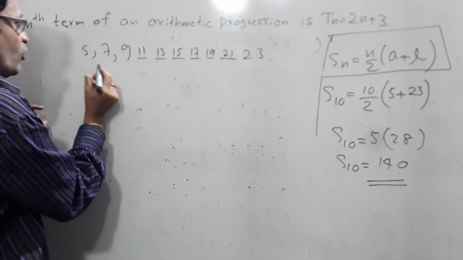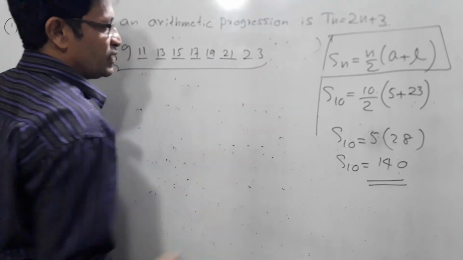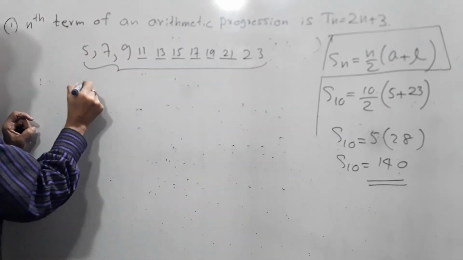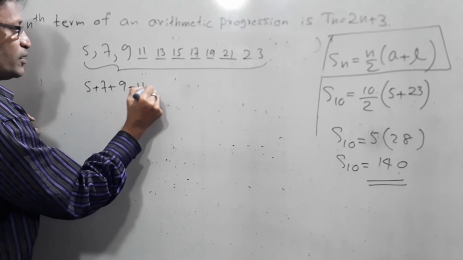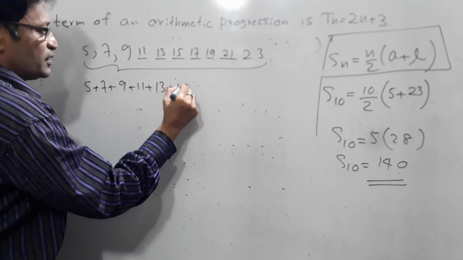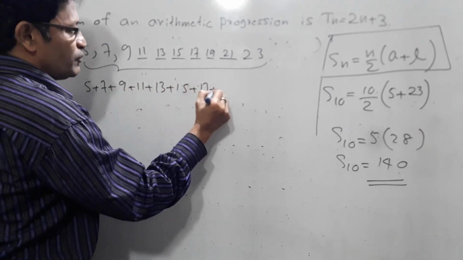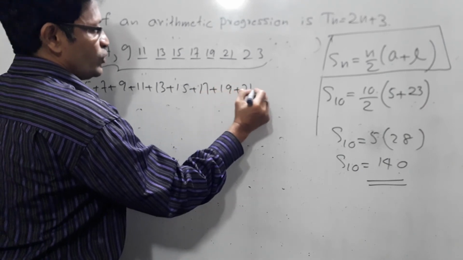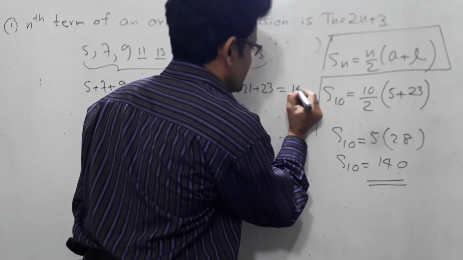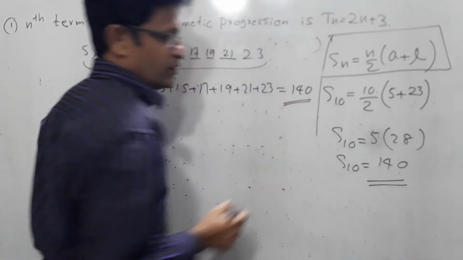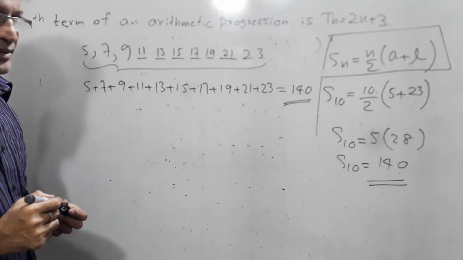If you add all these terms, 5 plus 7 plus 9 plus 11 plus 13 plus 15 plus 17 plus 19 plus 21 plus 23, what's the answer? That is 140. This is the idea. Now you can understand it very nicely.